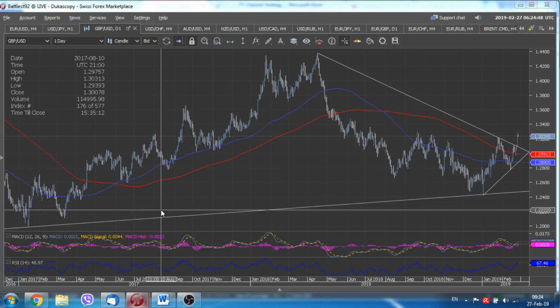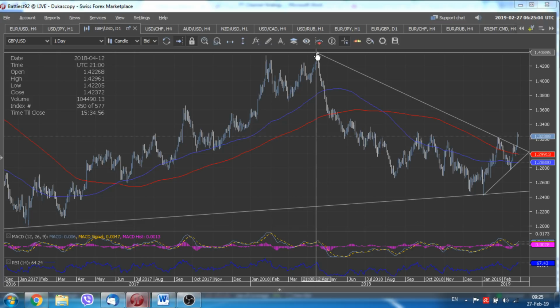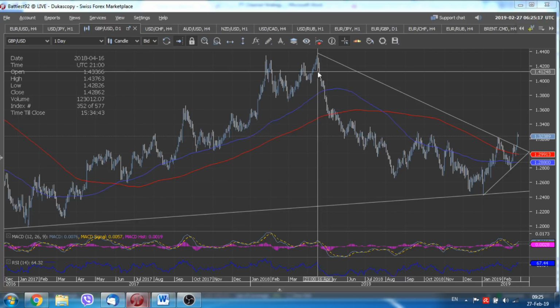After that we saw an ascending channel during 2017, and you remember that even in April 2018 the pair met its highest level of above 143.70, let's say.